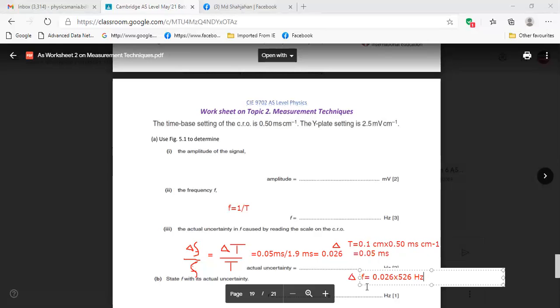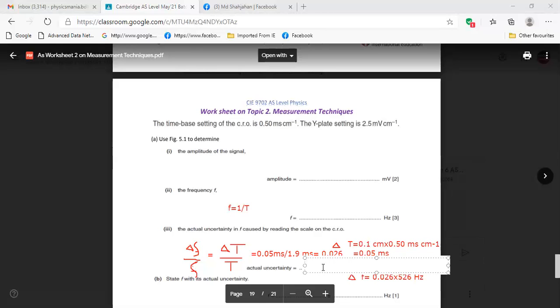So what is the answer here? 0.026 multiplied by 526, right? The answer is 13.68. Very good.